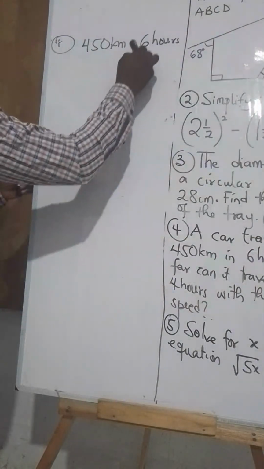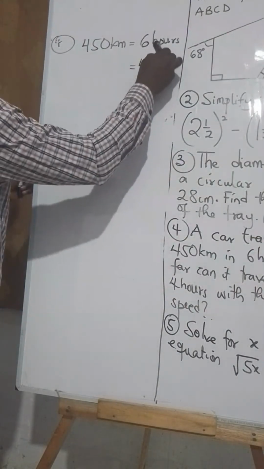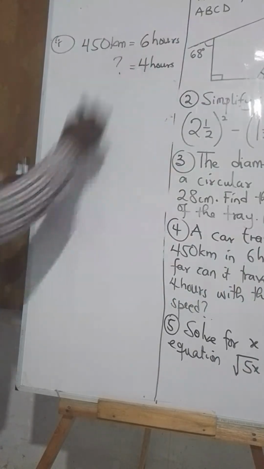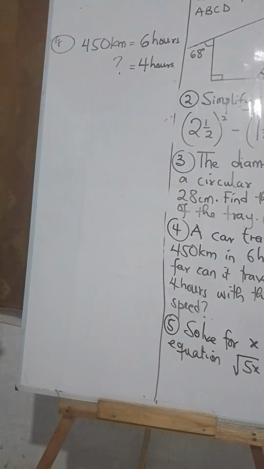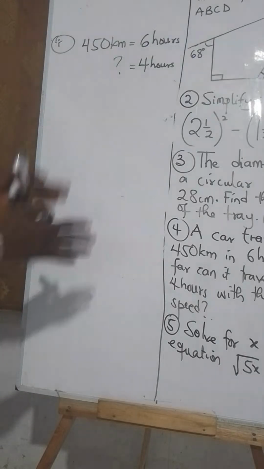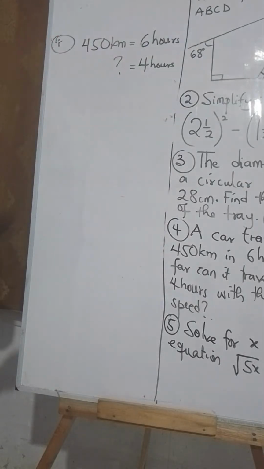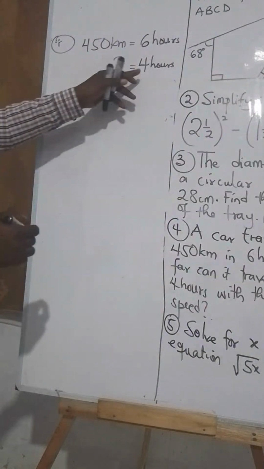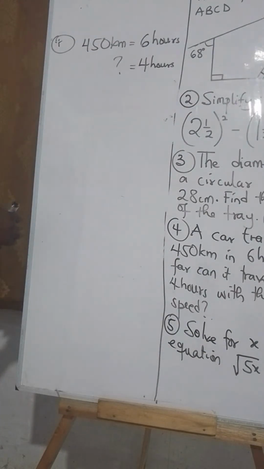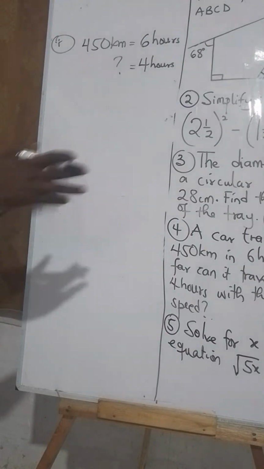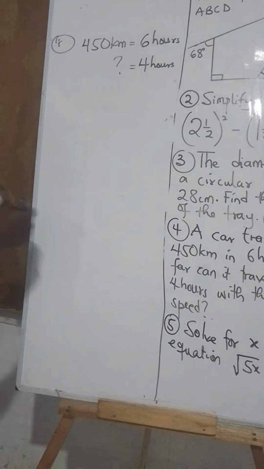So 4 hours with the same speed. We want the distance equivalent to 4 hours. If 450 kilometers is 6 hours, then 4 hours will be what? So obviously 4 hours will require less distance, or the car covers less distance.